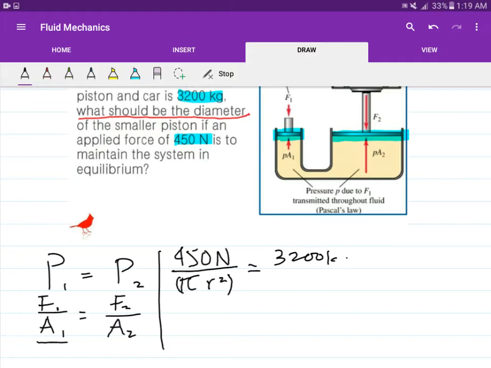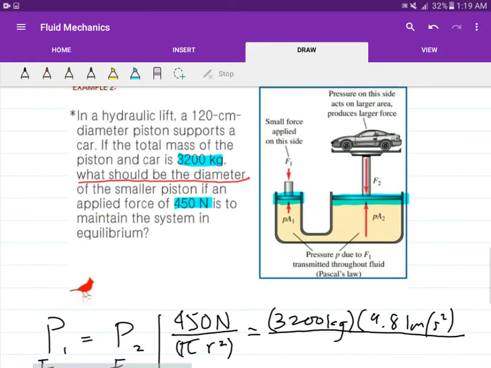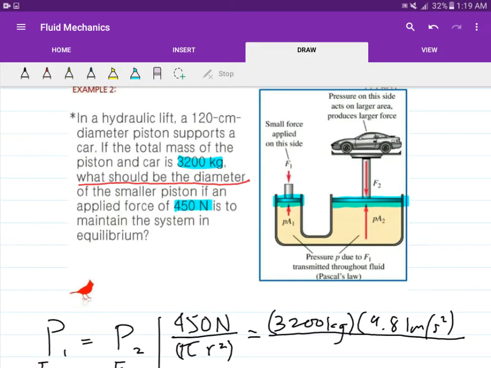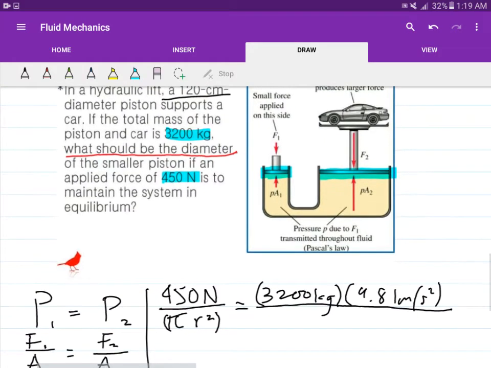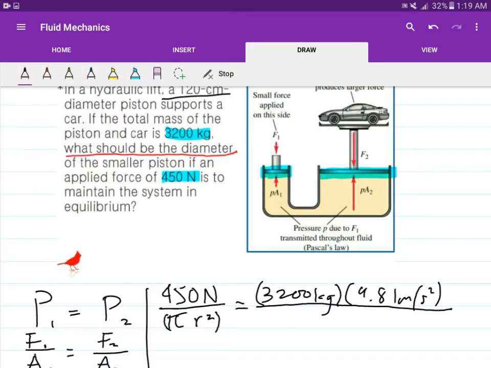So this should be equal to 3,200 kilograms, so this is just mass times 9.81, over this cross-sectional area for the car, which has 120 centimeters diameter. So this will be pi, r is actually d over 2, squared.